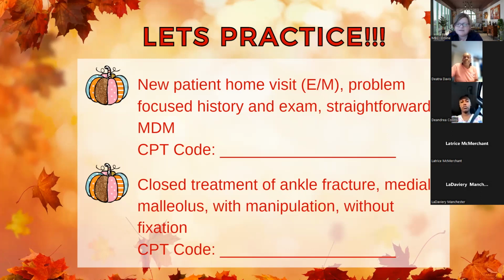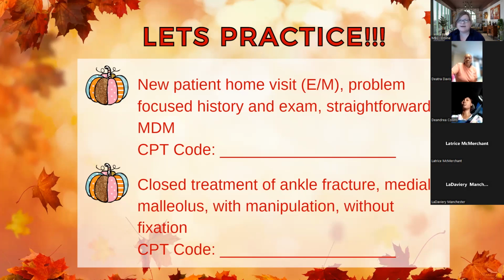So say that urgent care went to see a new patient at their home that they had never seen before. There are different levels of evaluation and management. The more history you have to take, the longer the exam time, and what they call medical decision making, the more involved it is, the higher level E&M code you're going to have.